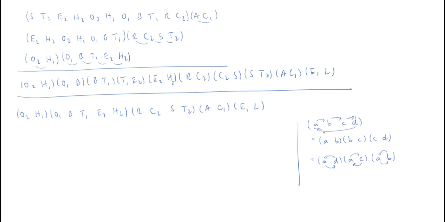So what I could do is take this 5 cycle and this 4 cycle, and I could break them up in a slightly different way. It turns out that, well, that's fine, but it's not going to be as helpful as first applying the inverse. So what is that going to mean here?